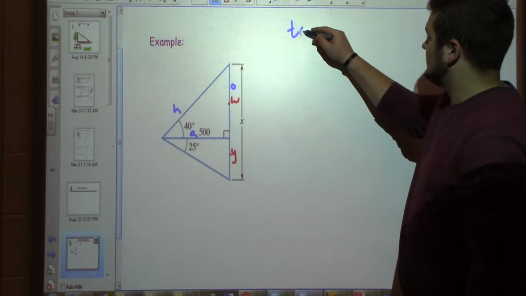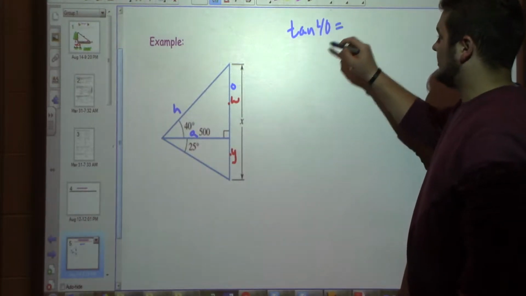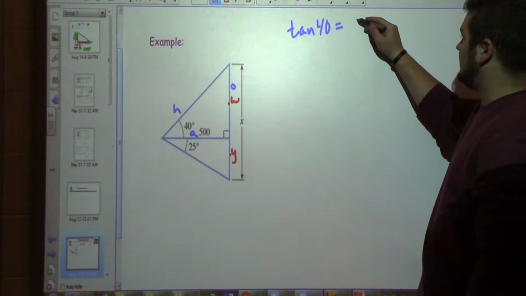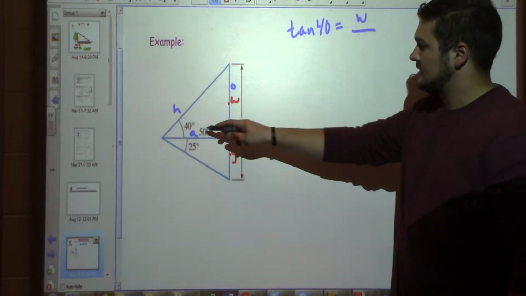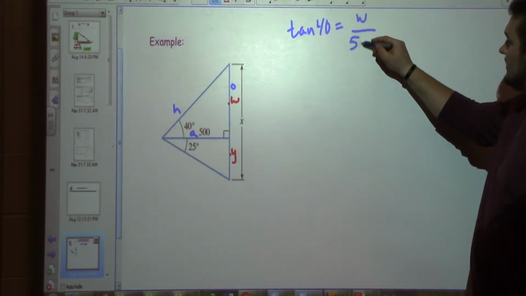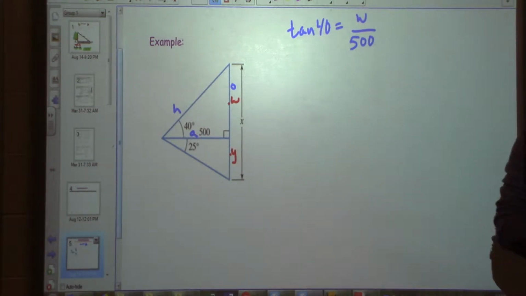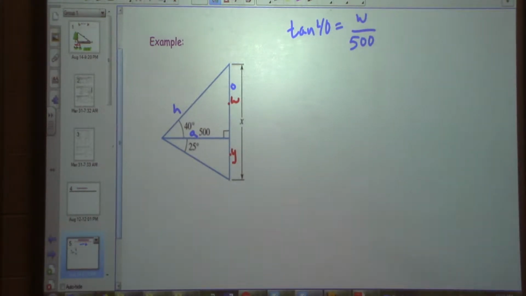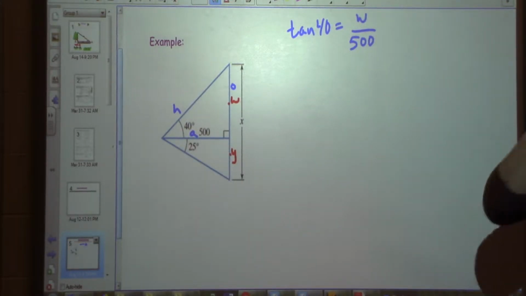equals the opposite, W, over the adjacent, 500. Okay? We all follow that part, right? Dom, how do I solve for W then? Right now it's divided by 500. How can I get it by itself?